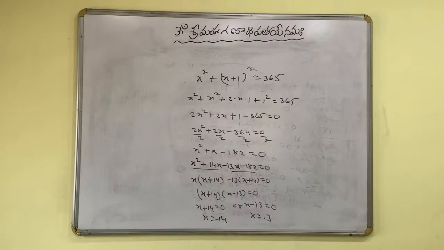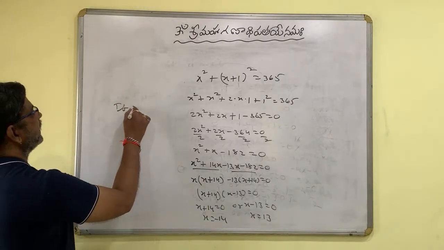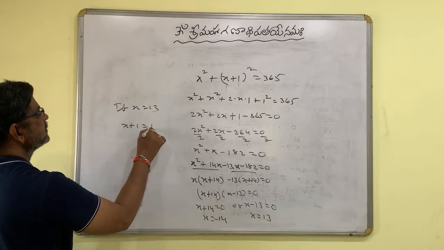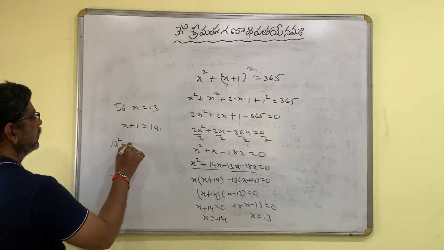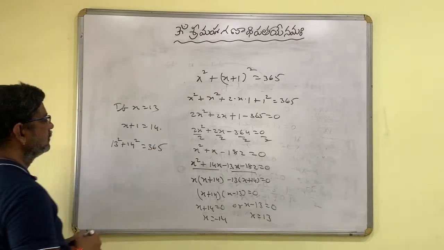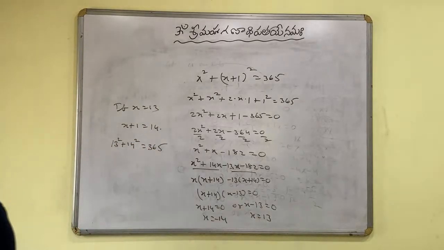So we need to consider the x value only 13. If x is 13, x plus 1 is 14. So that means 13 square plus 14 square is 365. That is what is given. Okay children, note down this one.